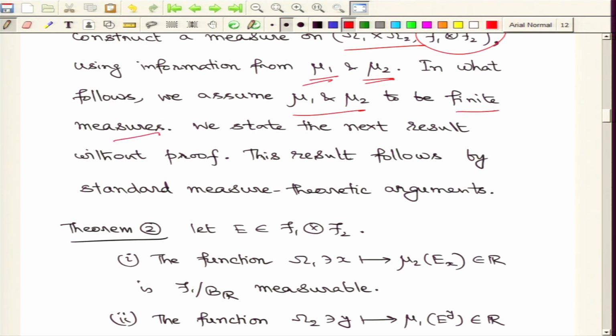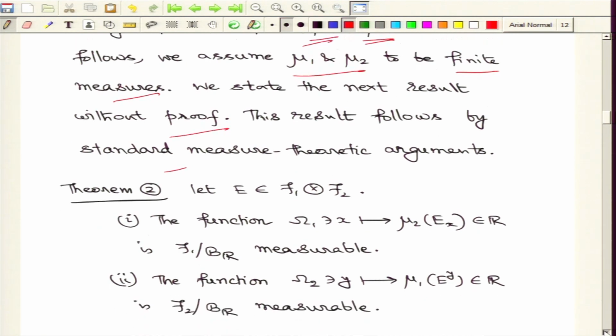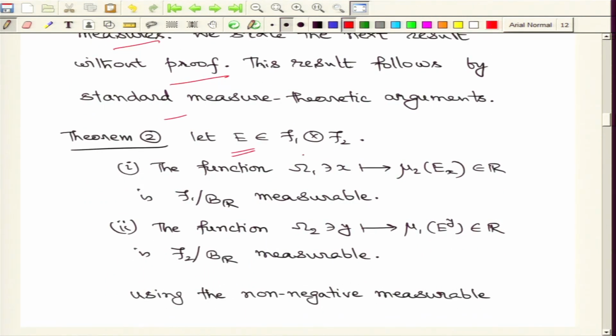Now, we state the next result without proof. This result essentially uses standard measure theoretic arguments, and this can be proved in the standard approach. Let us start with any arbitrary set E coming from the product type sigma field. Now, look at this function which sends any point small x from the first set to this number which is mu 2 of E_x.